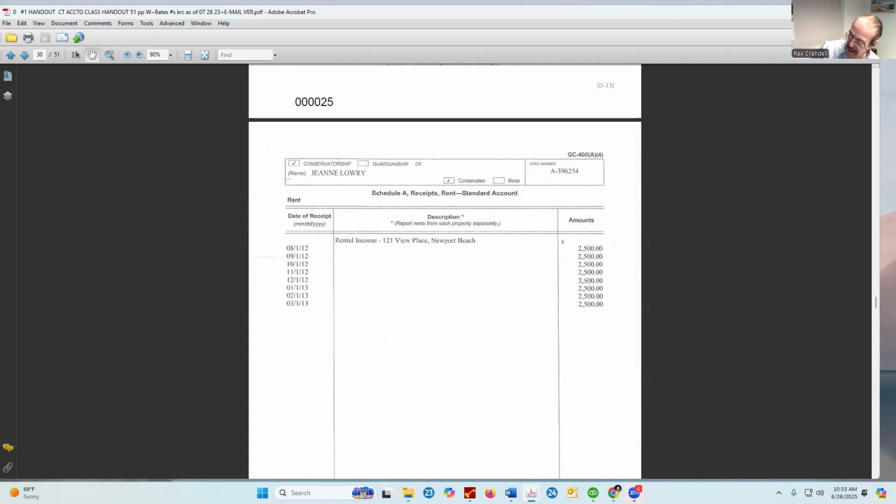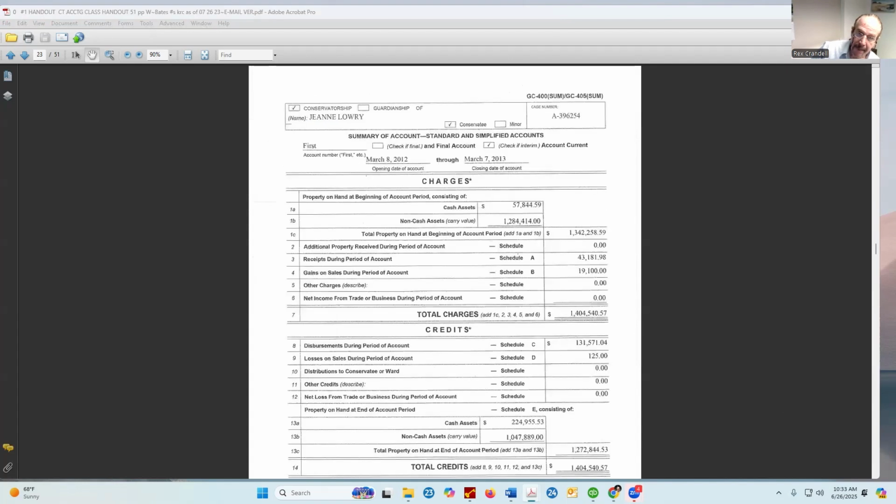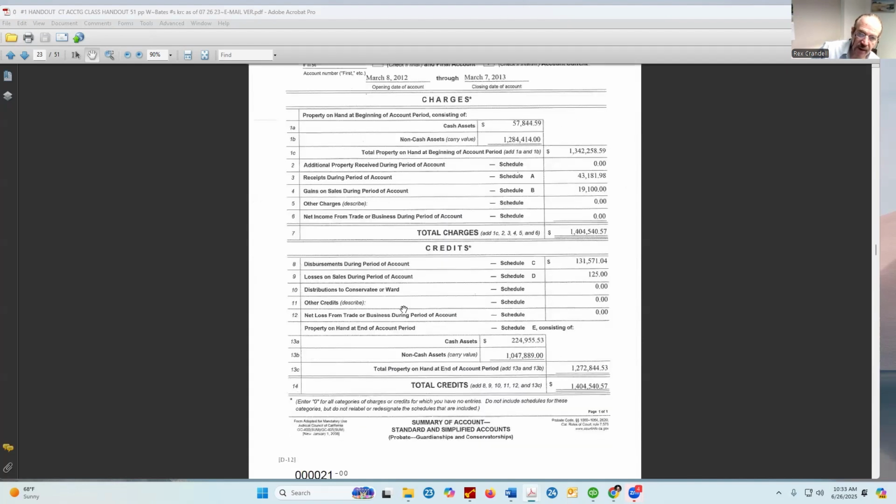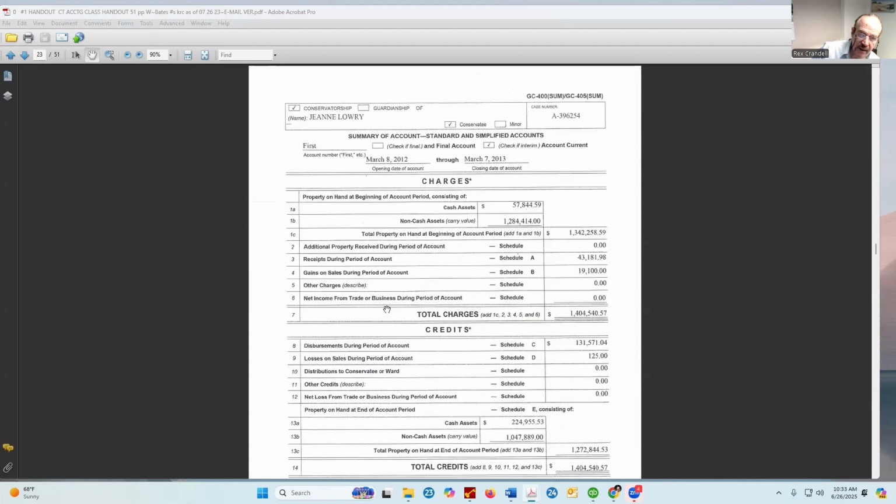You end up needing to do regular business accounting. And you'll notice on the GC-400 SUM, page 21, line 6 is net income from trade or business, and then on line 12, it's a net loss from trade or business.